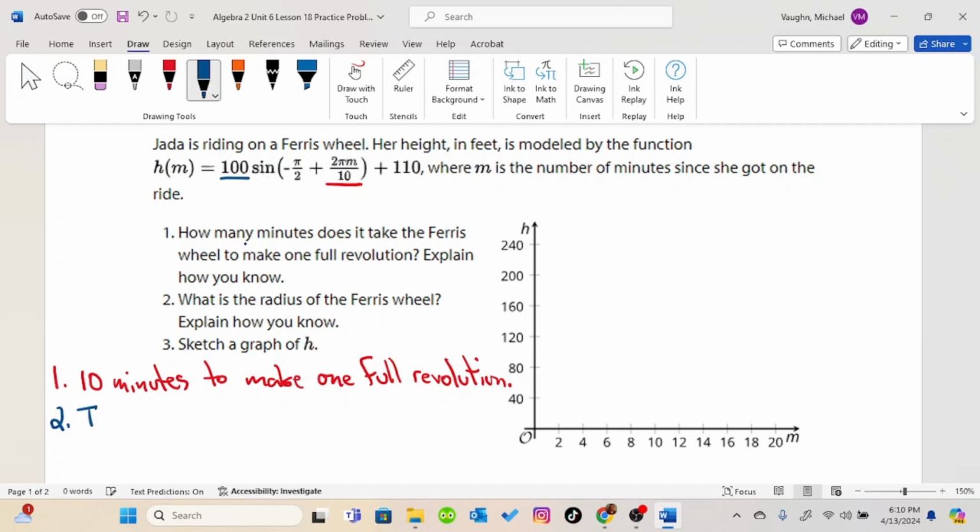So the radius of the Ferris wheel is 100 feet.